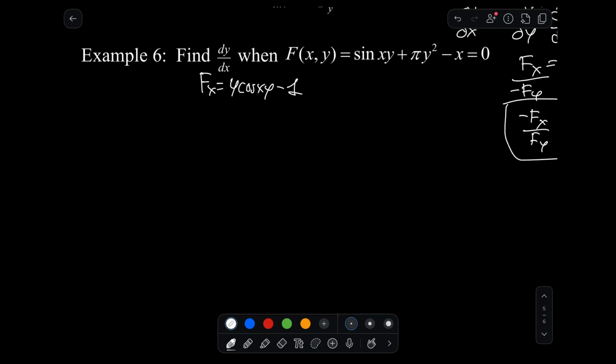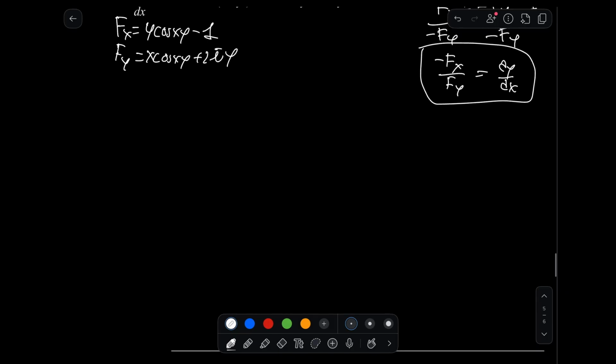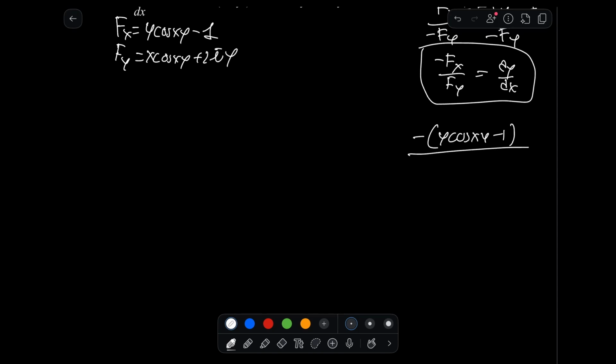And then f sub y equals x cosine xy plus 2 pi y. Then we just substitute that into this expression up here. And we get y cosine xy minus 1 over x cosine xy plus 2 pi y, all equals dy dx.